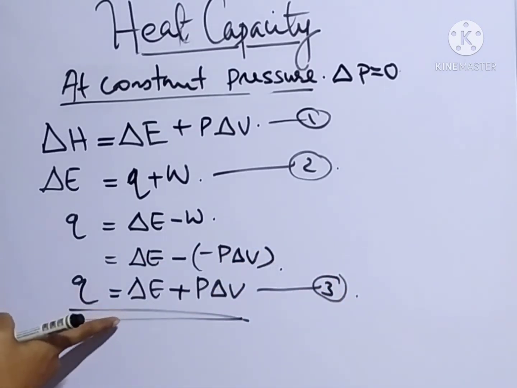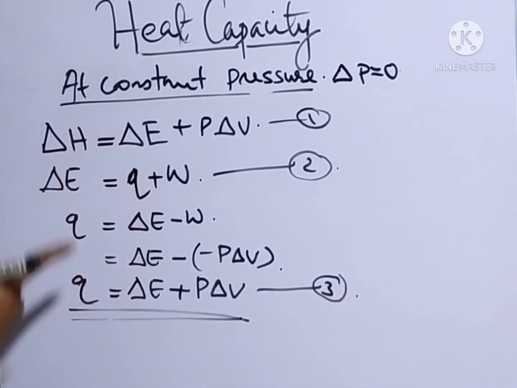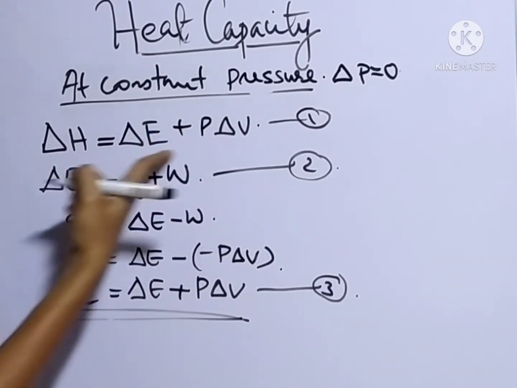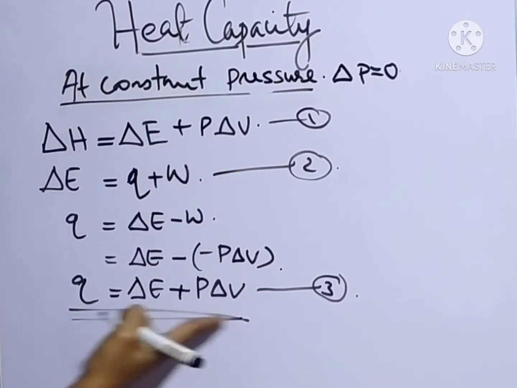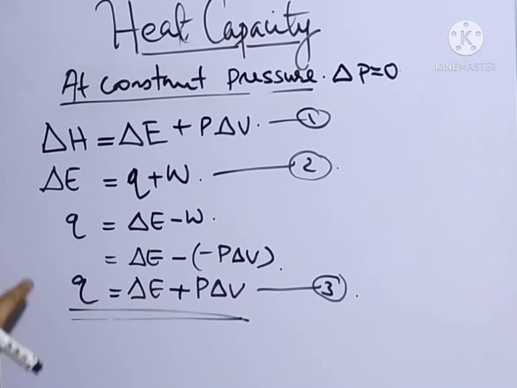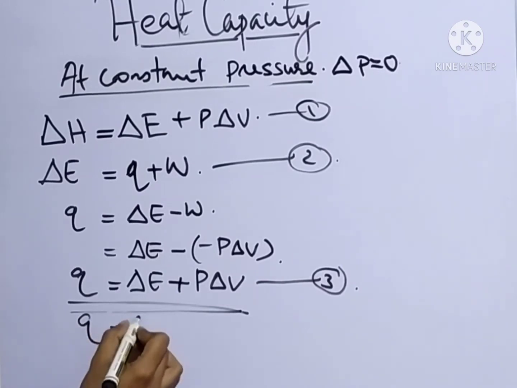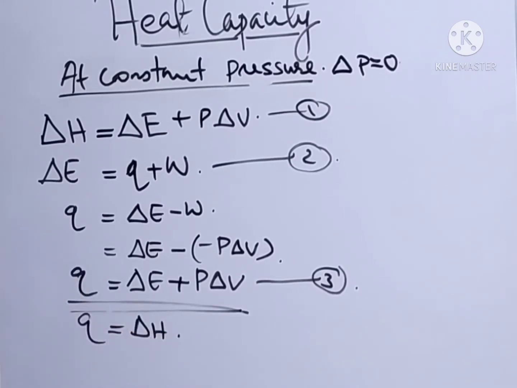If we compare equation number 3 and equation number 1, the RHS is equal: here also delta E plus P delta V, and here also delta E plus P delta V. So this term is equal to delta H.